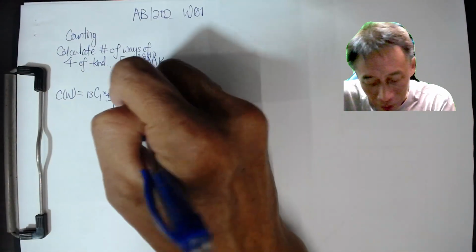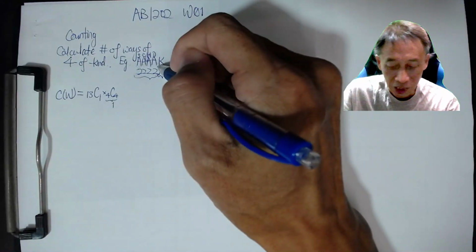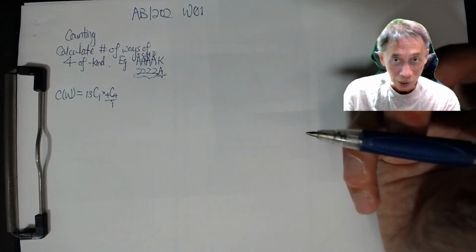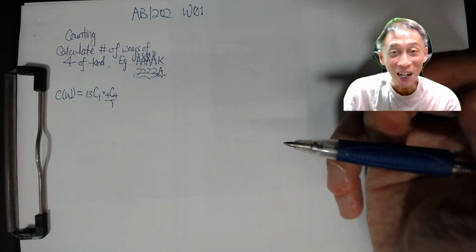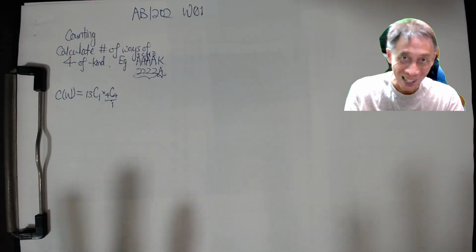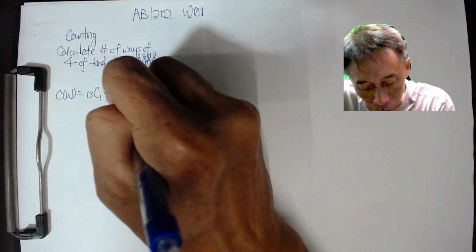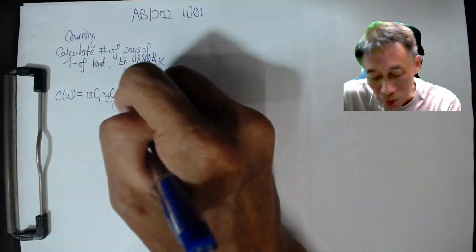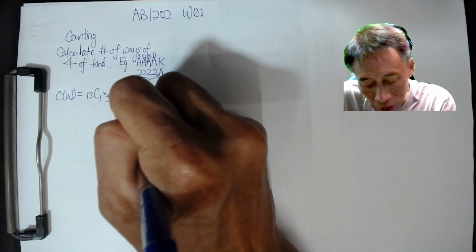Then we need the last spot to be filled with another card. With the 52 cards and 4 already gone, we have 48 cards left. So we just take 48 cards and choose one, which basically means it's 48. That's all.